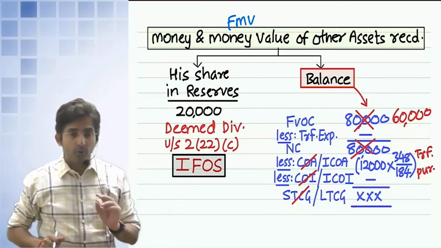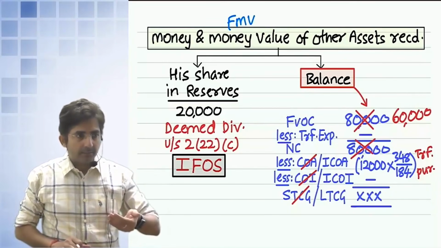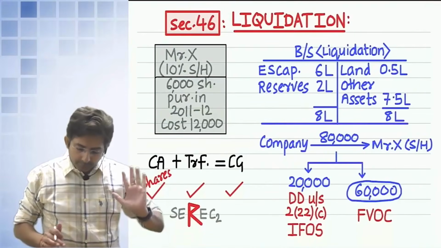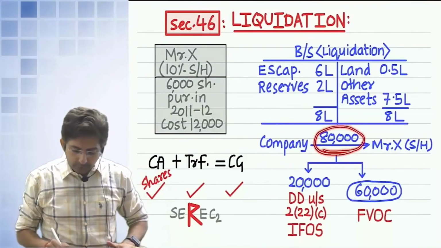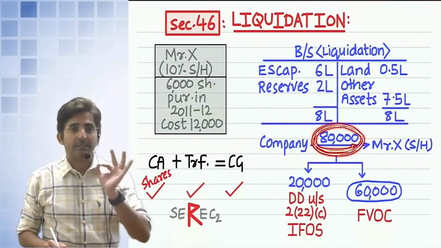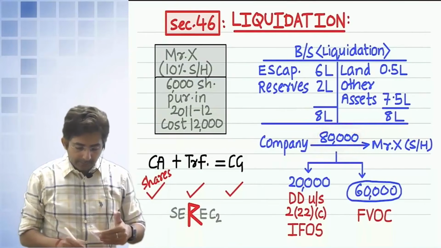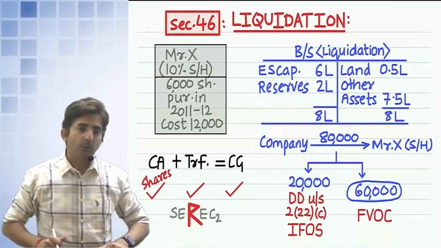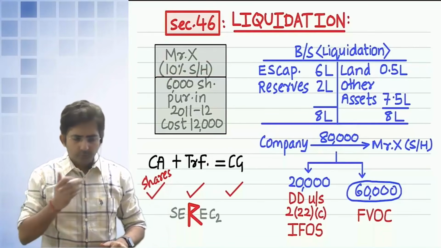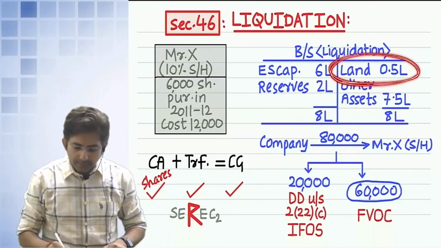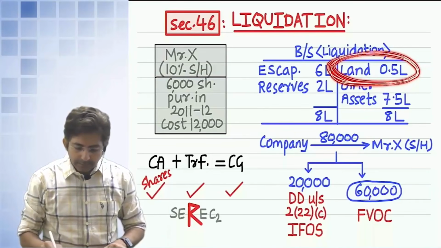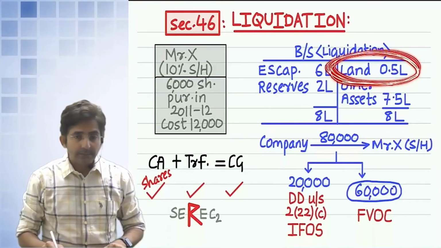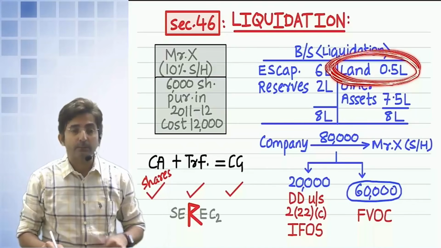Okay, now tell me, look, I am making one change. Please look at this. If instead of 80,000 cash, Mr. X shareholder has received land, then what to do? And assume, see, can you see the land in the balance sheet? There is a land in the balance sheet which has a cost of 0.5 lakhs, means 50,000.